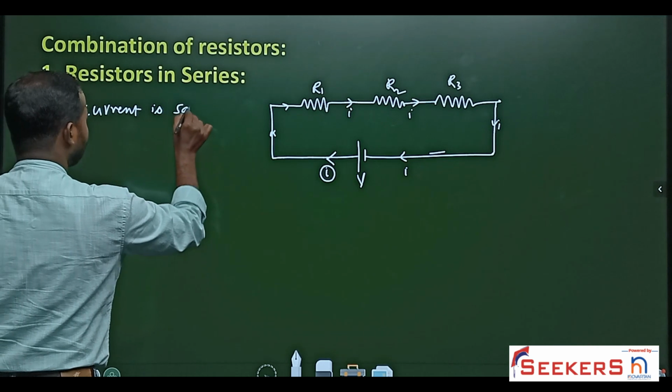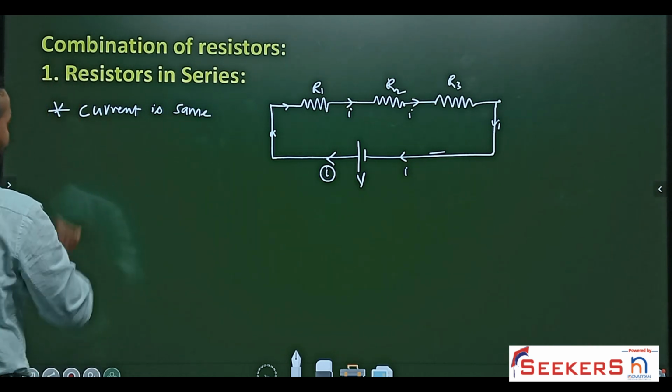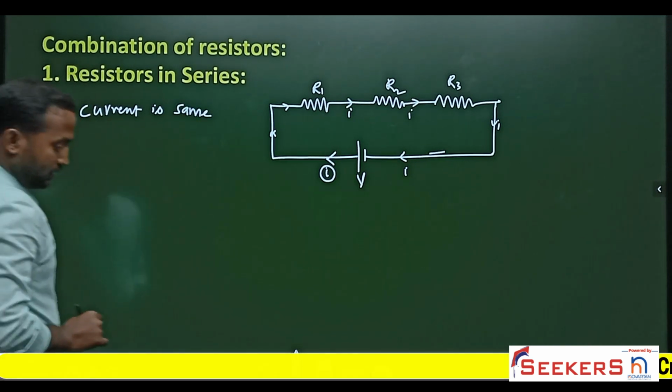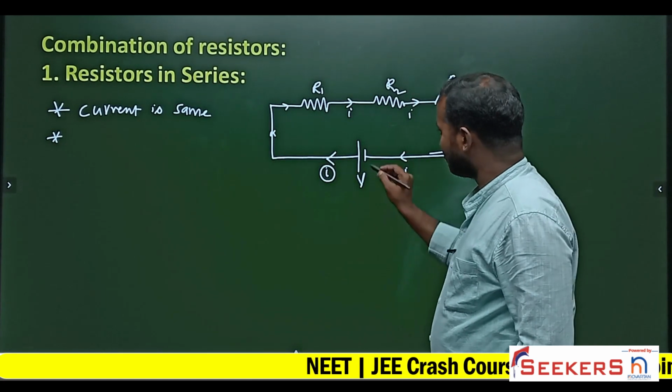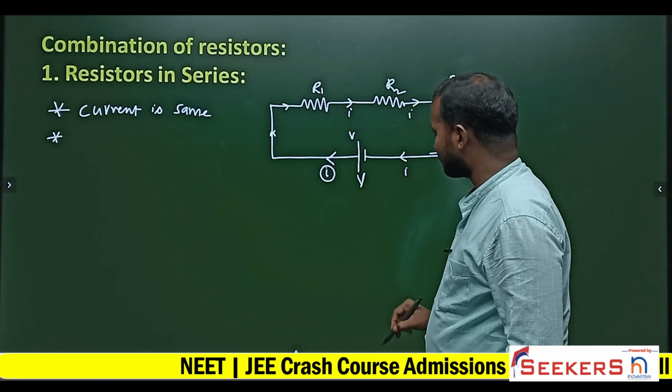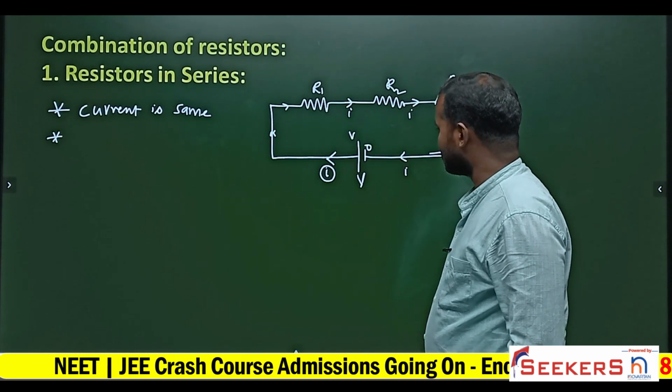the same in series. Whenever you say V is the EMF of the cell, that means the higher potential plate has potential V, and the lower potential plate has 0.